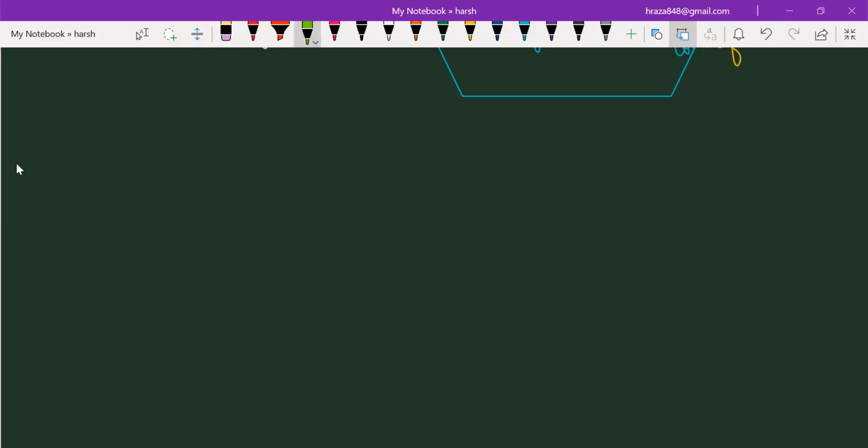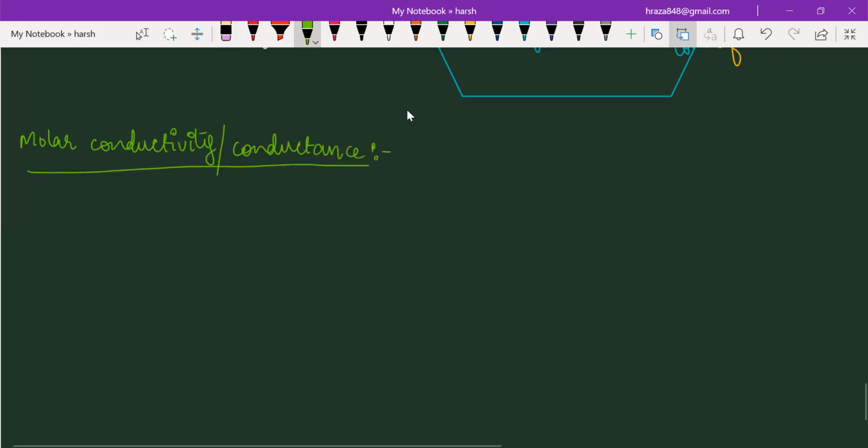Now we have another term which is very important: molar conductivity or molar conductance. This is basically related to molarity.